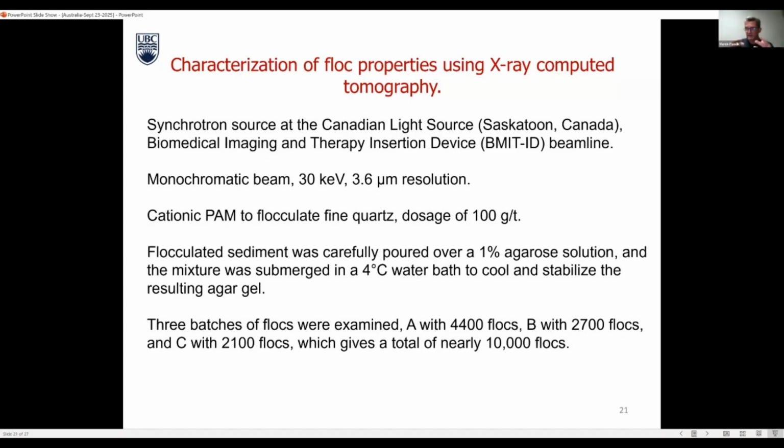Agarose basically preserves the size and shape of the flocs, and it also allows you to use other techniques, confocal microscopy, photography, whatever you prefer to look at the flocs up close. For this we prepared 3 different batches by simply pouring different amounts of flocs into the agarose solution. So we had 3 subsamples with a total of about 10,000 flocs. We counted those again with the CT scanner.